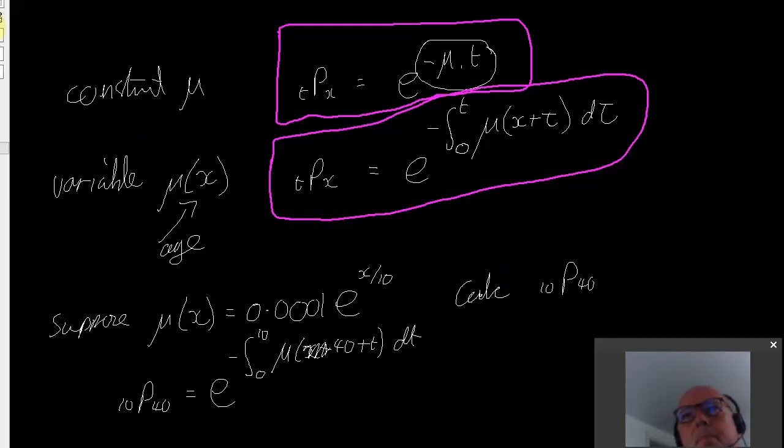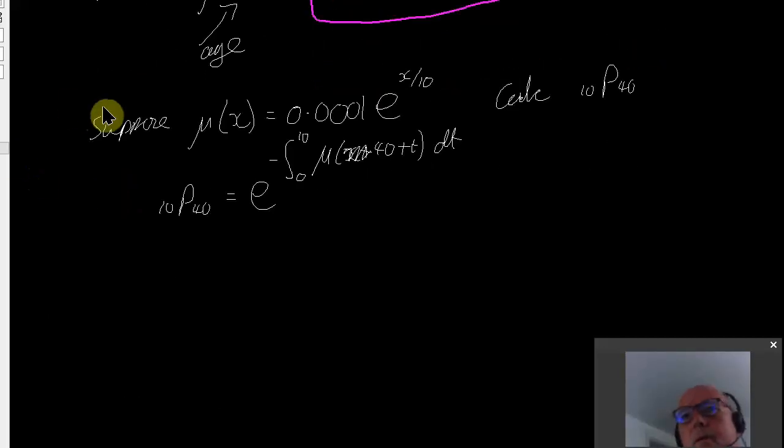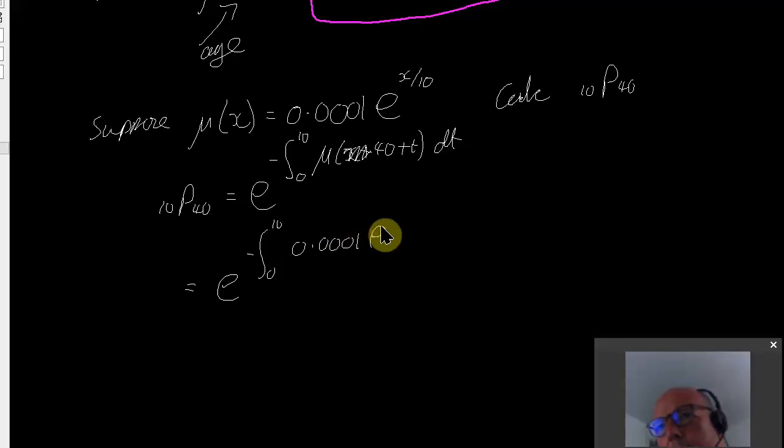So that is equal to e to the minus integral between 0 and 10 of 0.0001 e to the (40 plus t) over 10 dt.